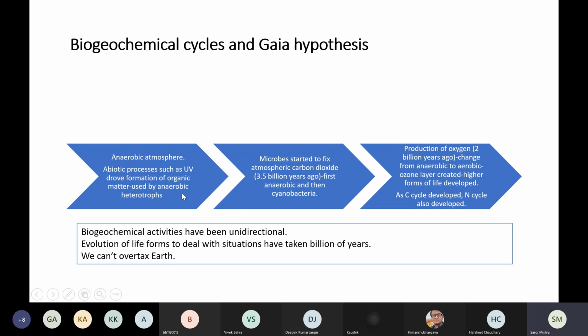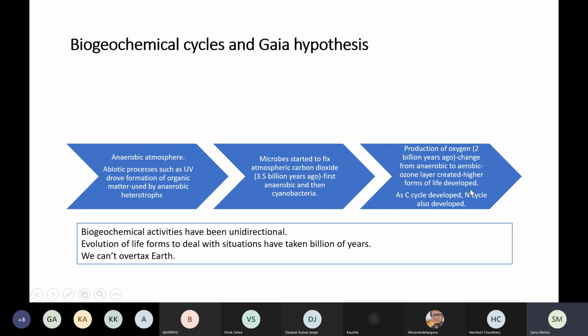So the idea of showing you all this is that all of these activities, going from an early anaerobic atmosphere to anaerobic photosynthesizing bacteria, and eventually to production of oxygen, have taken billions of years, and have been unidirectional. Evolution of life forms to deal with these situations has taken billions of years. So now you cannot disturb these cycles and expect to find a solution overnight.